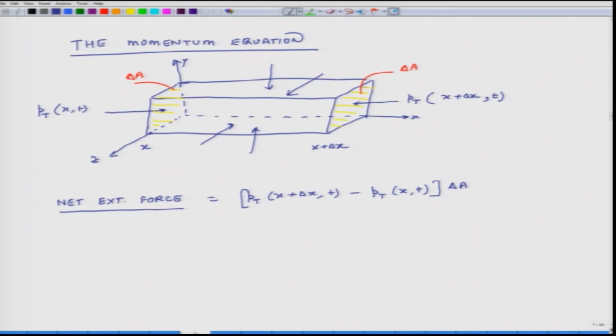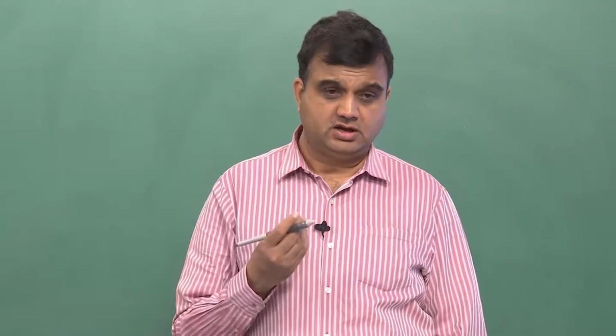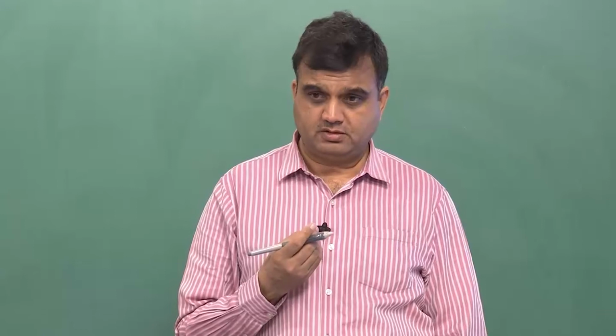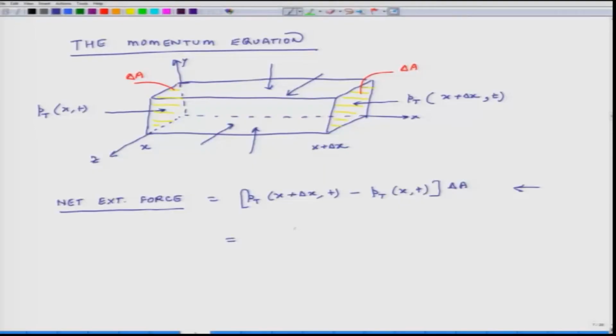And what is the direction in which this force is acting? It is acting in this direction, because pressure acts inwards, pressure tries to compress something inside. So, this is the net external force. Newton's second law says that whatever is the net external force on a small fluid element is equal to the rate of change of momentum of the system. So, what is the momentum of the system? It is the mass of this fluid element.